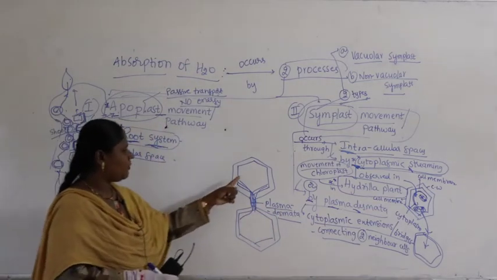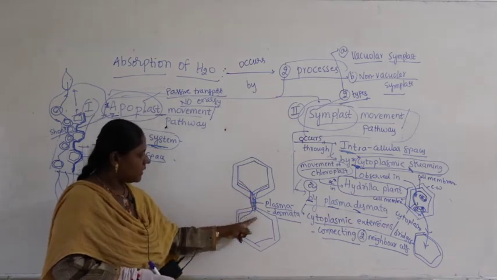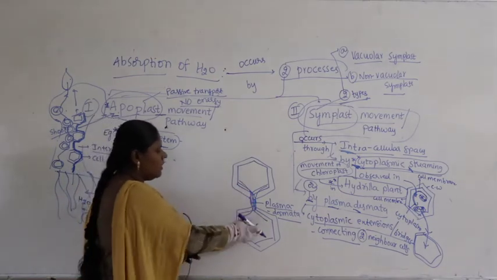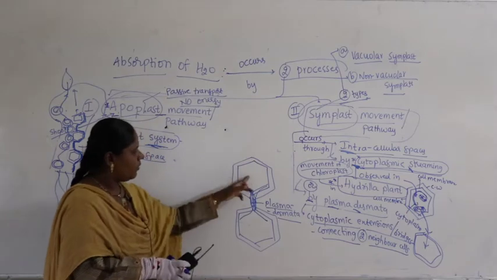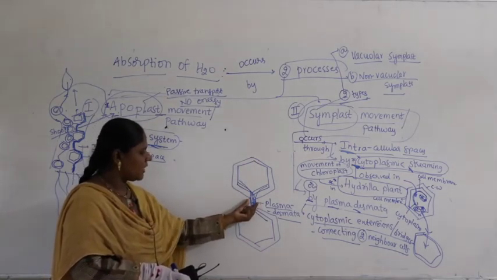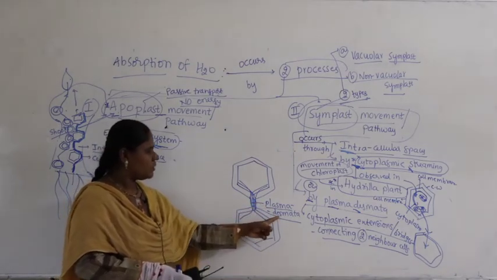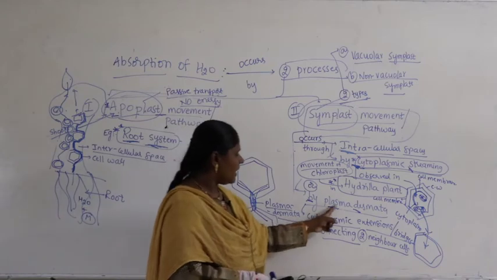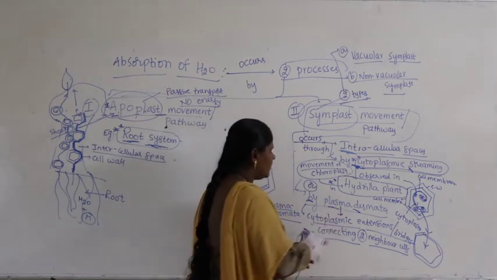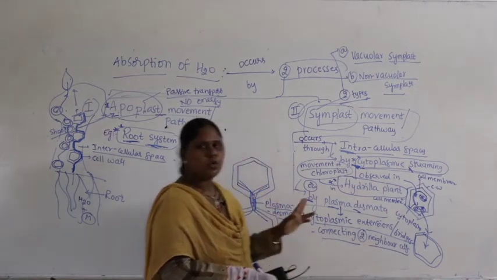Cytoplasmic extensions of one cell connect with cytoplasmic extensions of the next neighbor cell. Both are interconnected by a bridge formed by extension of cytoplasm. It is called plasmadesmata. Plasmadesmata means cytoplasmic extensions or bridges connecting two neighbor cells.